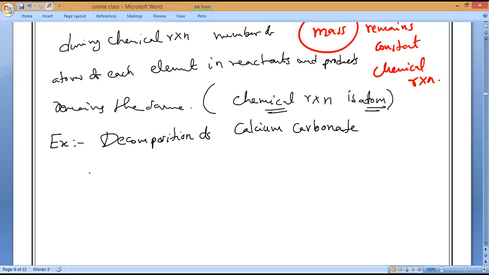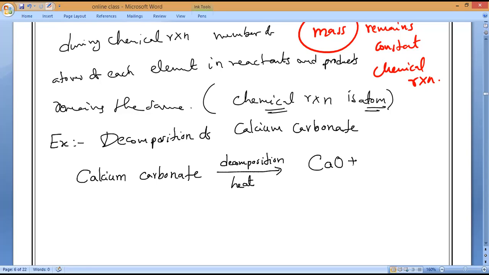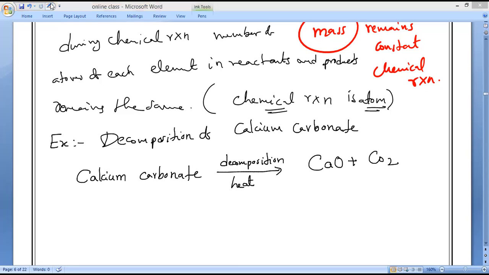Yes, CaCO3. So calcium carbonate, if I heat it, that is decomposition. Please remember, decomposition will produce calcium oxide plus carbon dioxide. Is it okay, everyone?